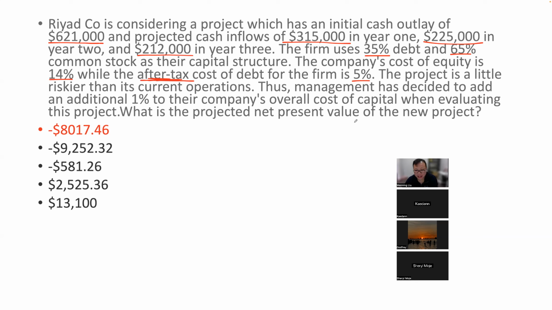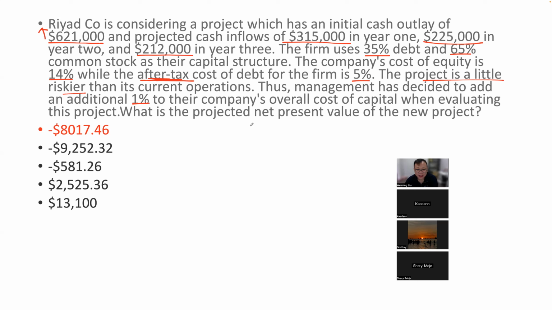What is the projected net present value of the new project? To know the present value, because you have all this cash flow information, the initial outlay and the cash inflows for the 3 years, you just need to know the return for the project. What is the expected return for the project? Well, the project is riskier than the company's other corporate operations, so management has decided to add an additional 1% to the company's overall cost of capital.